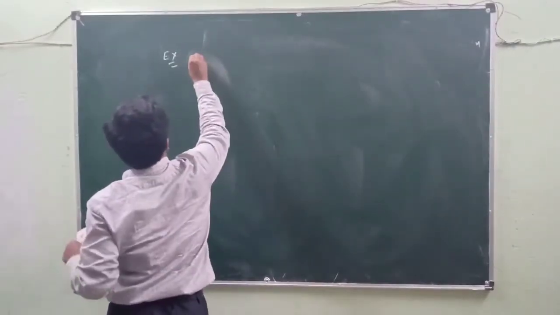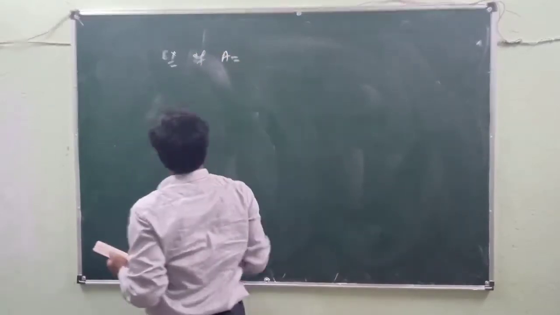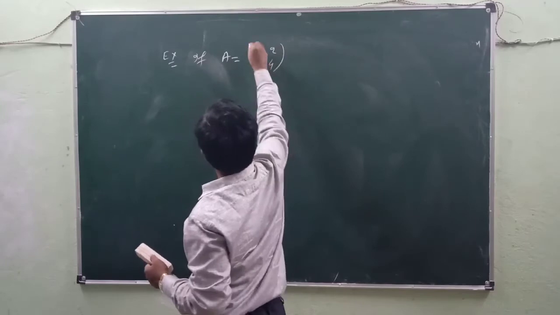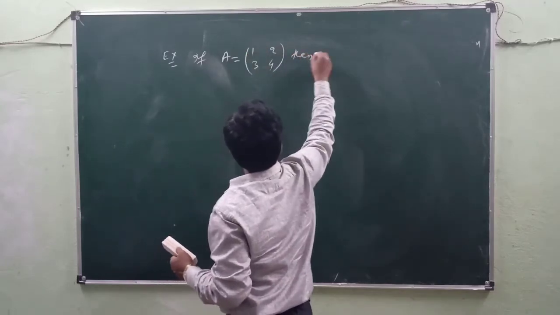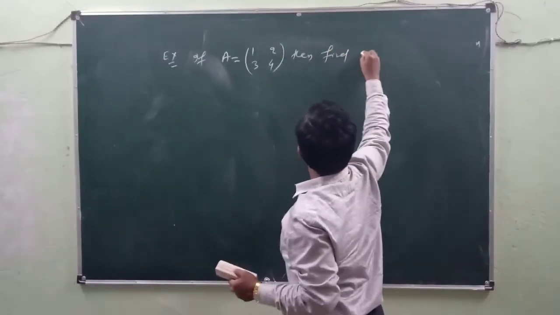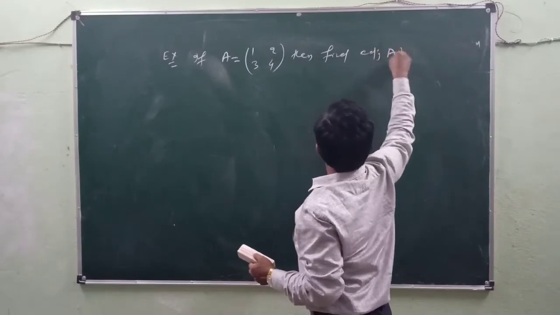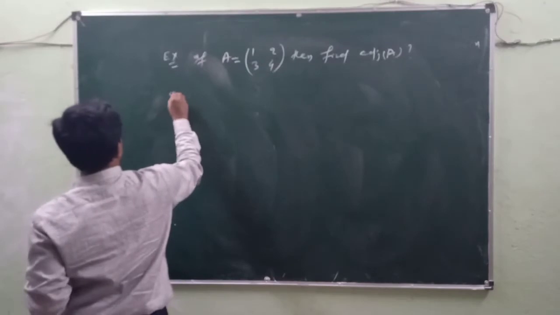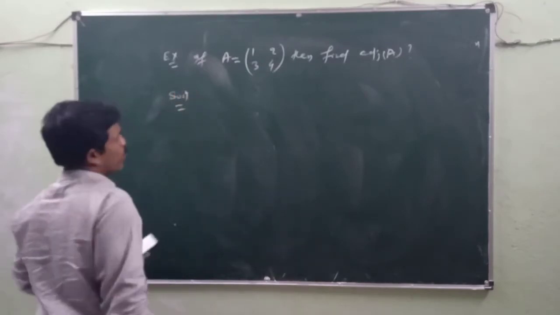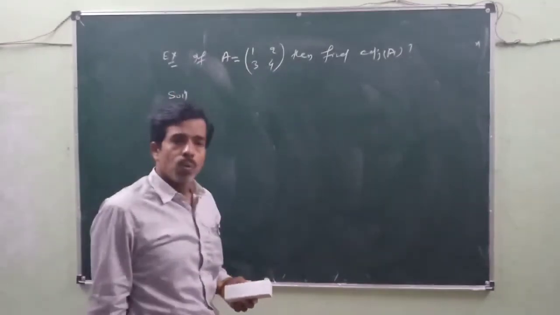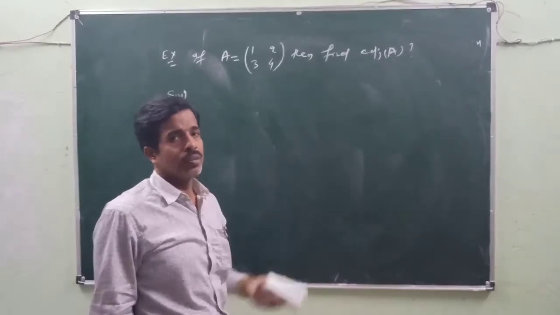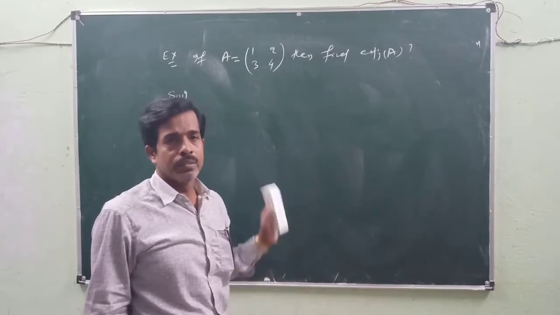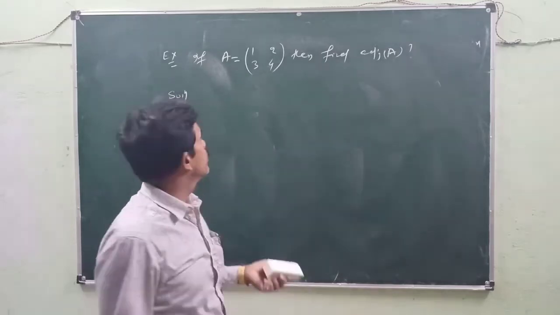If A equal to 1, 2, 3, 4, then find adjoint of A. This is a question. The solution: first you find all the cofactors that we have already discussed in the determinant chapter.